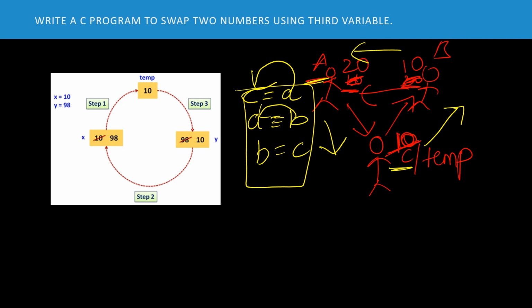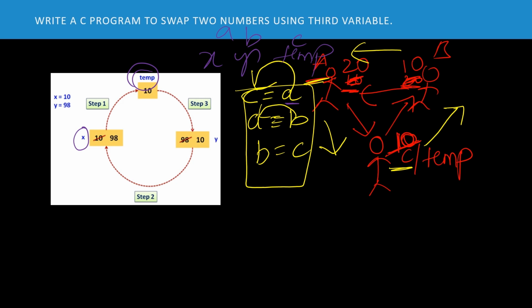See, in the figure also I will explain once. First step, I have given X value to temp. Here they have discussed X, Y and temp; we have discussed A, B, C. Nothing, just alphabets.